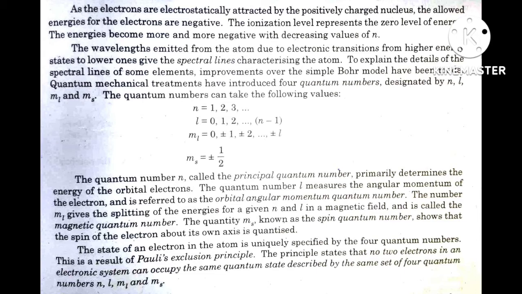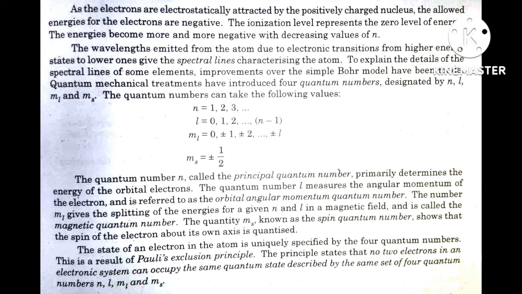Quantum mechanical treatments have introduced 4 quantum numbers designated by n, l, ml, and ms. The quantum numbers can take the following values. n can be 1, 2, 3, and l can be 0, 1, 2 up to n minus 1. ml equals 0, plus or minus 1, plus or minus 2 up to plus or minus l, and ms equals plus or minus half.